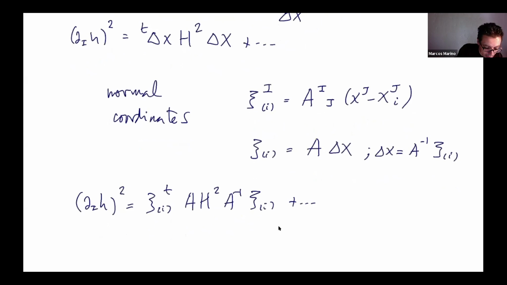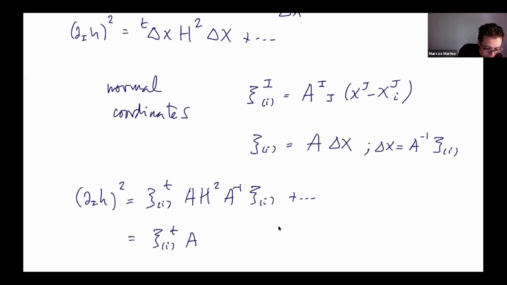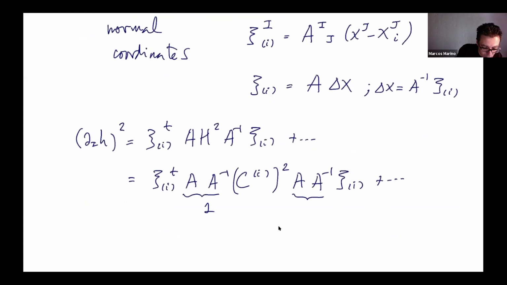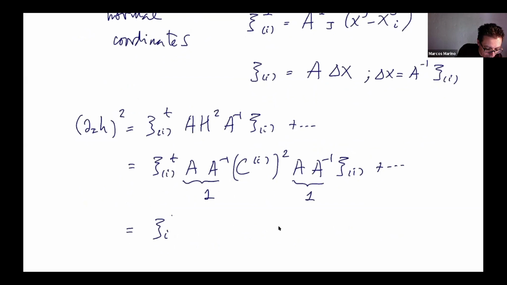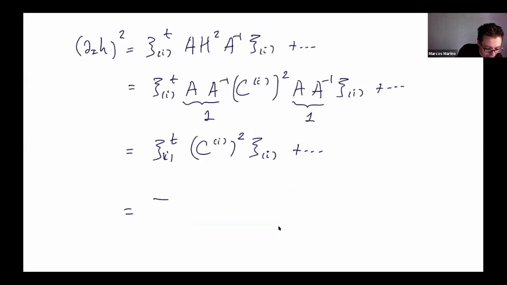But now I use the fact that I can diagonalize this matrix, so H squared can be written as A^{-1} C_i times C_i A, because I'm squaring H. So this is C_i squared, and then A times A^{-1} is 1. So by doing this, I have an expression in terms of psi, which is very nice because this is just the sum over i from 1 to n of C_i squared psi_i squared.